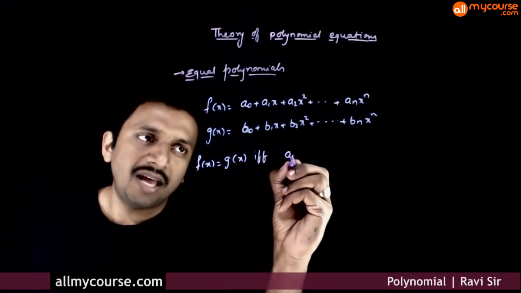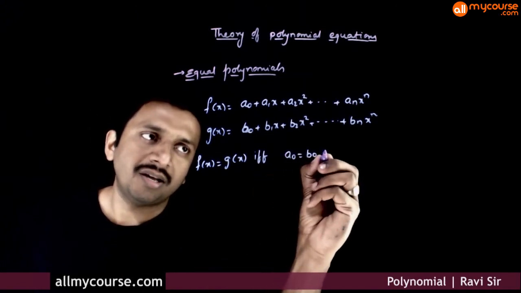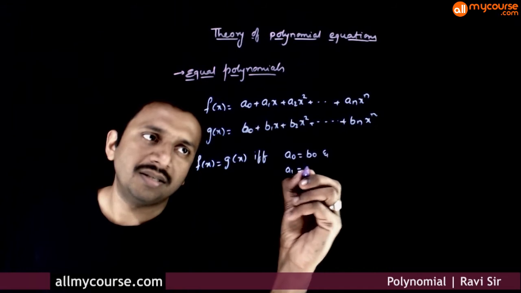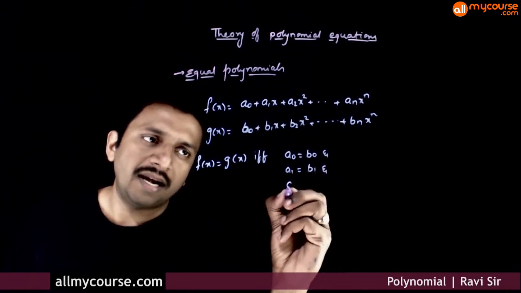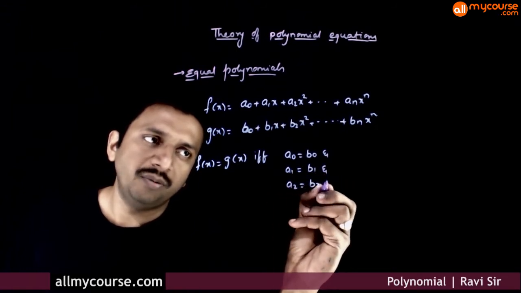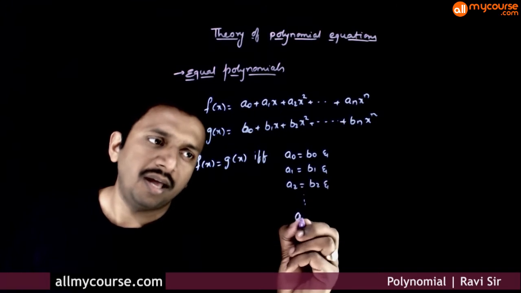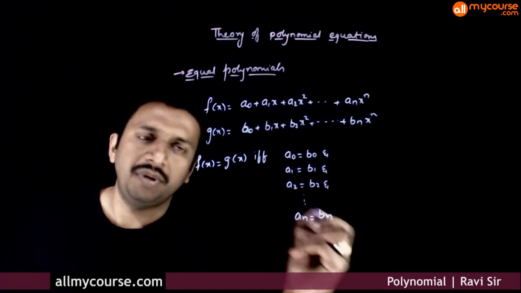That is, a0 is equal to b0 and a1 is equal to b1 and a2 is equal to b2 and so on, an is equal to bn.